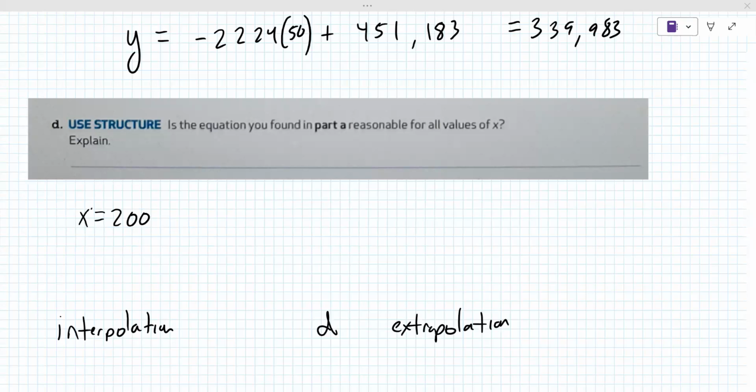The Y value ends up being $6,383. That's what the equation says. Is that reasonable for a home that's 200 miles away? No. Okay, I agree.